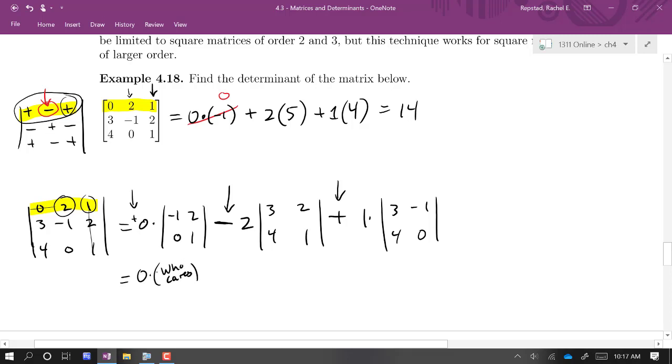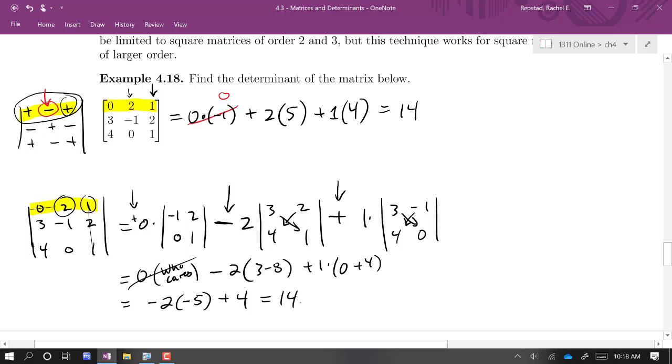I'm multiplying it by 0, so I'm not going to bother. And then minus 2 times 3 minus 8, plus 1 times 0 minus a -4, so plus 4. So that's 0. 3 minus 8 is -5, so I have -2 times -5. Plus 1 times 4 is 4, and that gives me 14. Obviously, the same thing that we got up here.